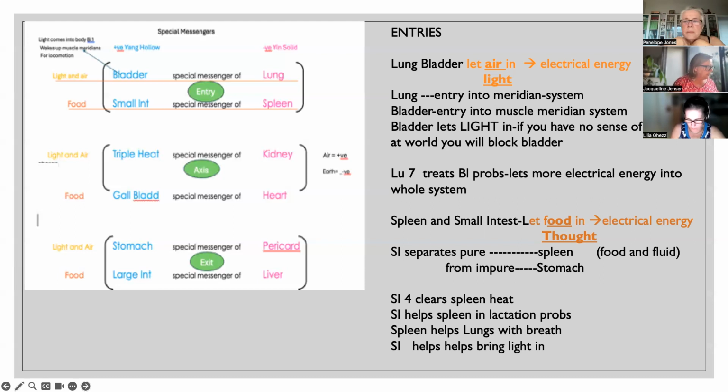The solid organs flow to the yin to the yang. I've personally found it a little bit confusing going from the yang to the yin on this one. Yeah, it's the other way around. I just didn't have time to change it on the chart.